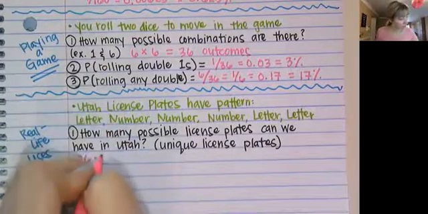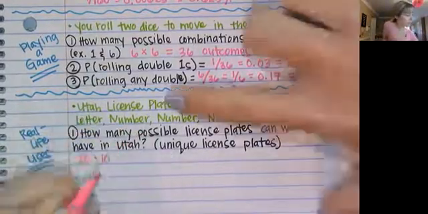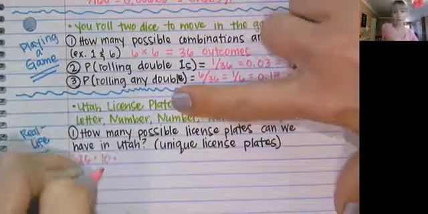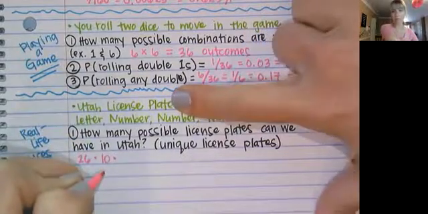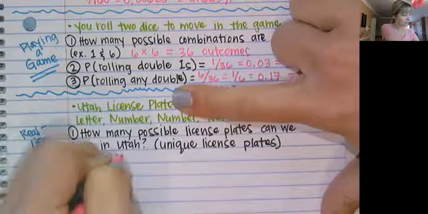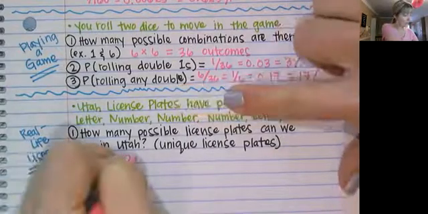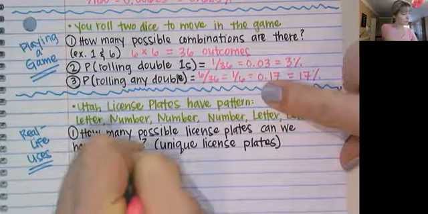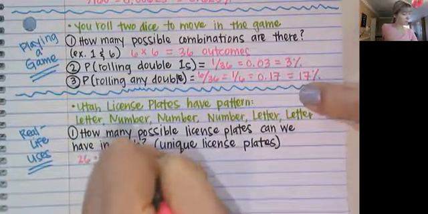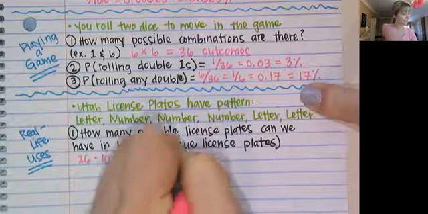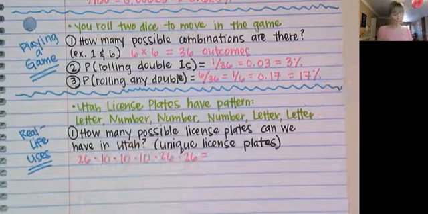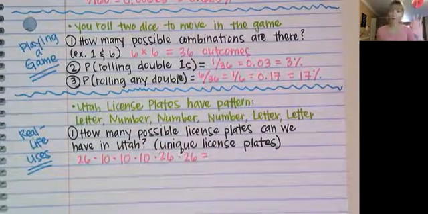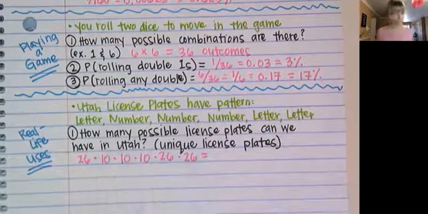Because 0 is included, that actually gives us 10 possibilities. There are 10 possibilities there. This number is also 10 possibilities. This number is also 10 possibilities. This letter is 26 possibilities, and this letter is 26 possibilities. This is why we throw letters in with our numbers on things. It gives us way more possible combinations.